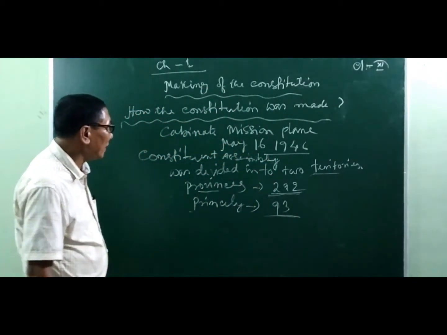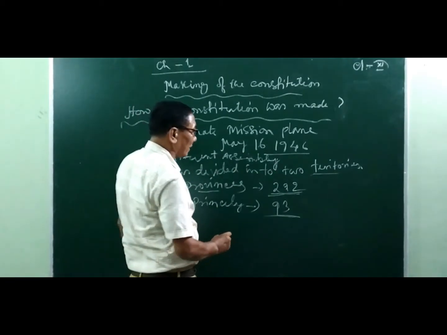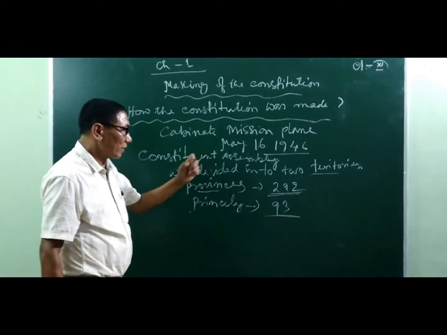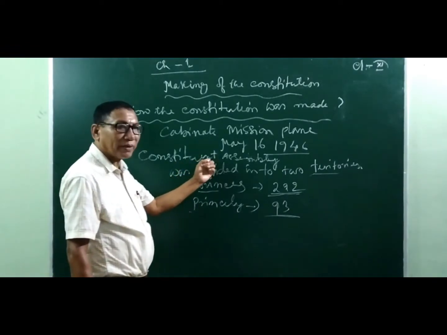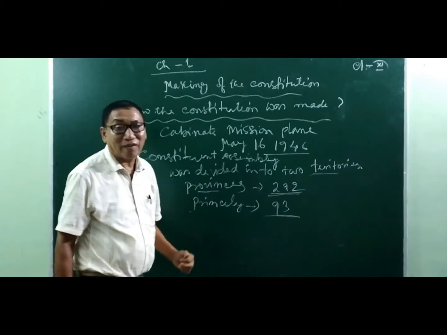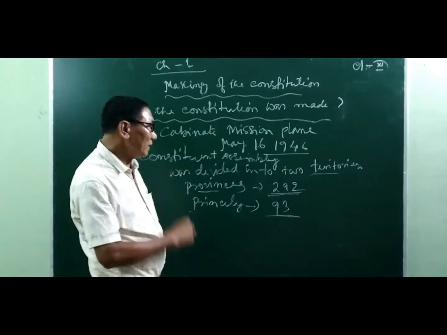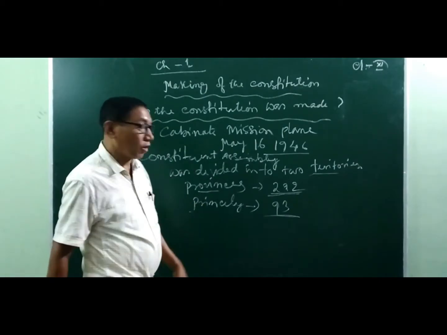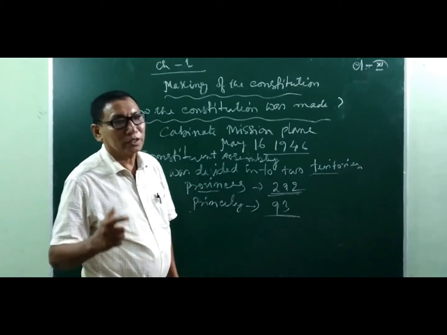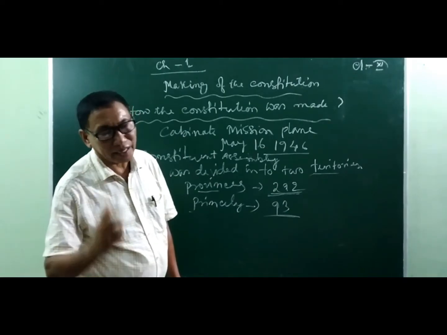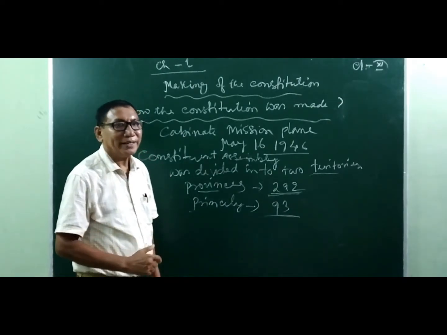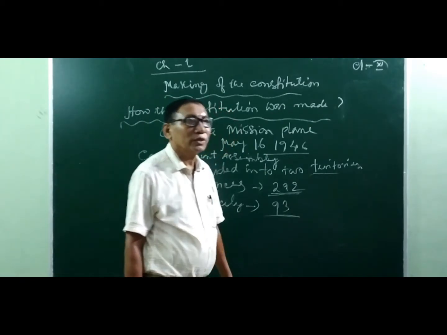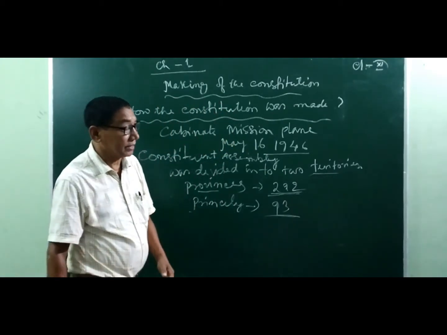First, according to the Cabinet Mission Plan, they asked to make the Constituent Assembly, and when they made it, they divided it into two territories. One is called province and the other is called princely. The province is directly ruled by the British government, and the princely states are ruled by princes.